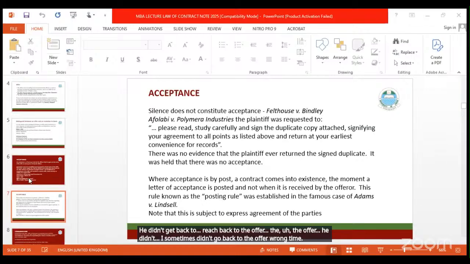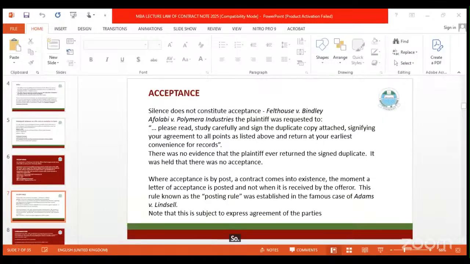And then I think he sold the wool on the 7th, and on the 8th he received a letter of acceptance. So as at the 7th that he sold the goods, the contract had already come into existence on the 5th, because it was on the 5th that the letter was posted. But because of that delay, he didn't get it until the 8th. On the 7th, having waited and not seeing it, he only received the letter on the 8th. And of course, the court held in favor of the plaintiff.